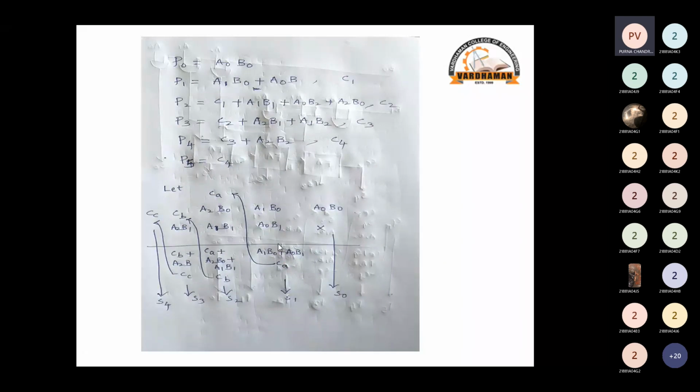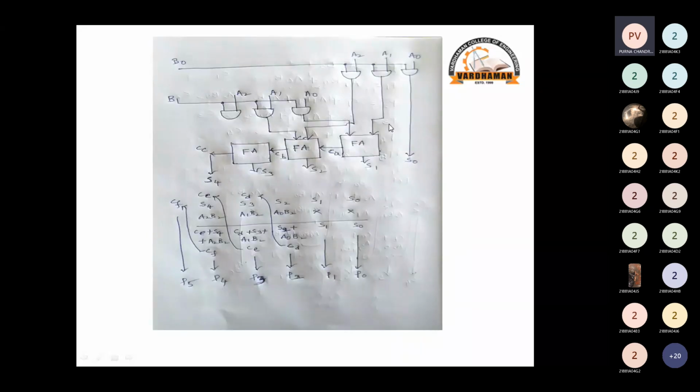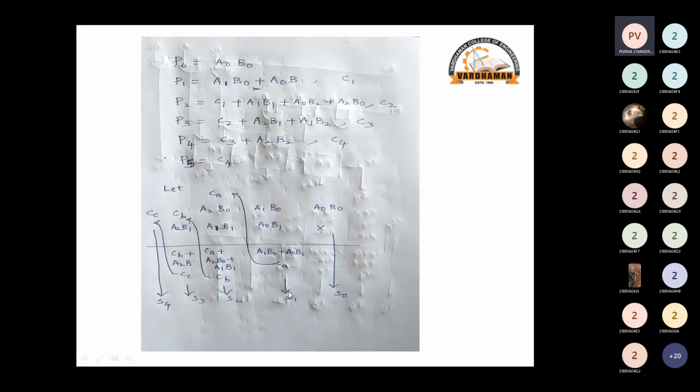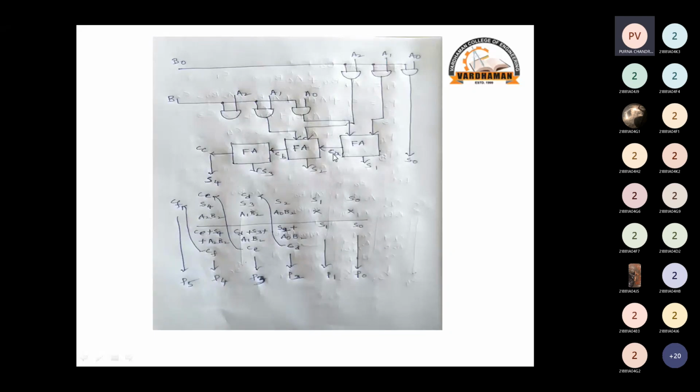For the first full adder, the inputs are A1 B0 and A0 B1. The outputs are S1 and CA. Sum is S1 and CA is the carry output.